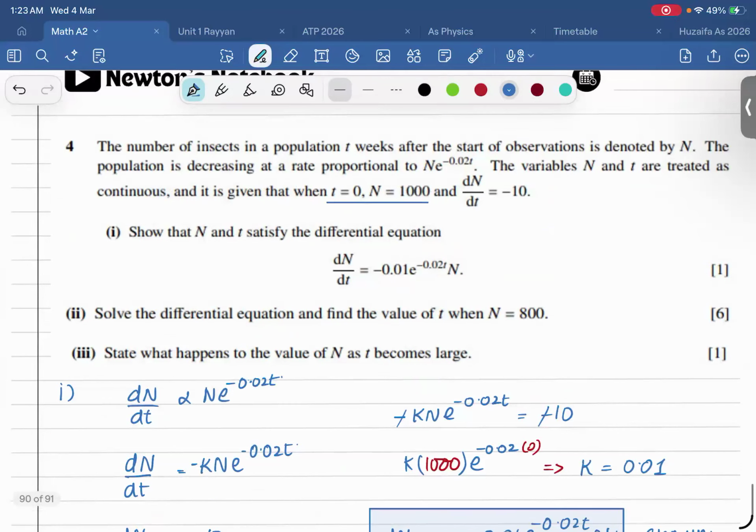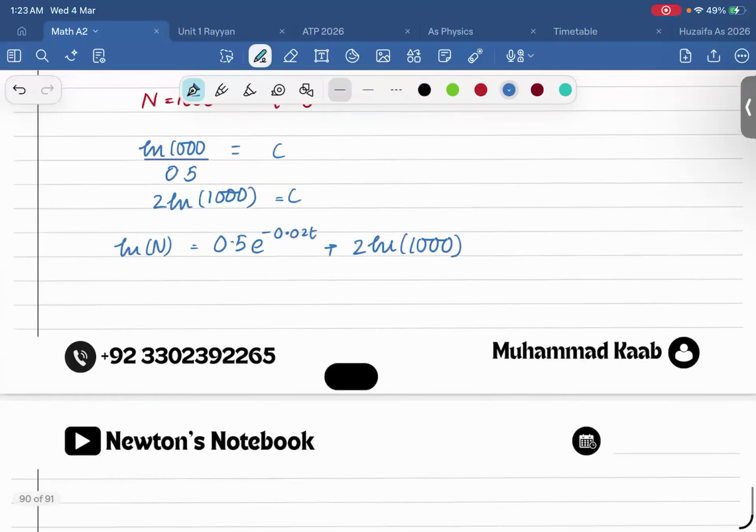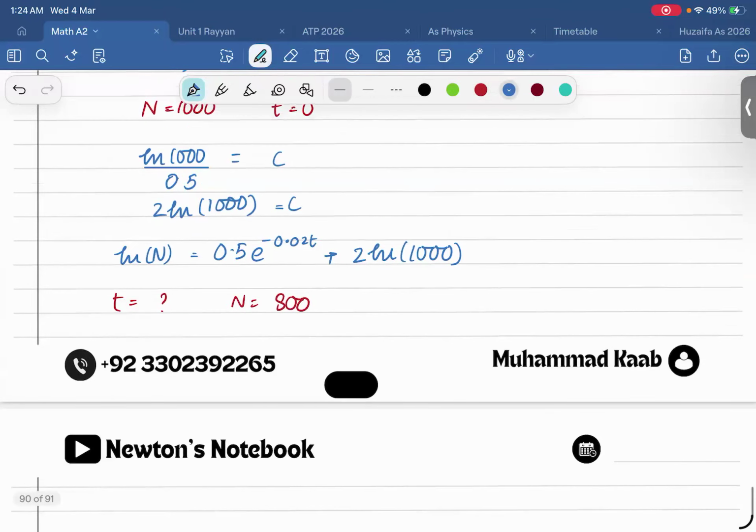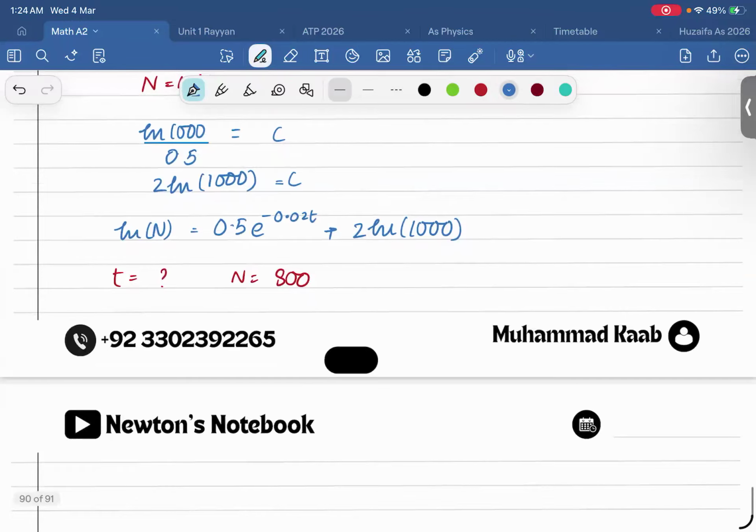Now, solve the differential equation and find the value of t when n is 800. So you have to find out the value of t when n is 800. Just put in 800 and solve.